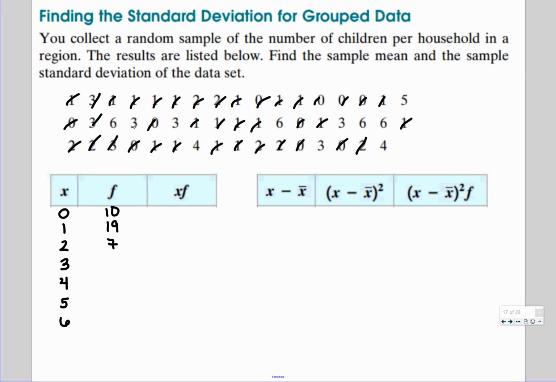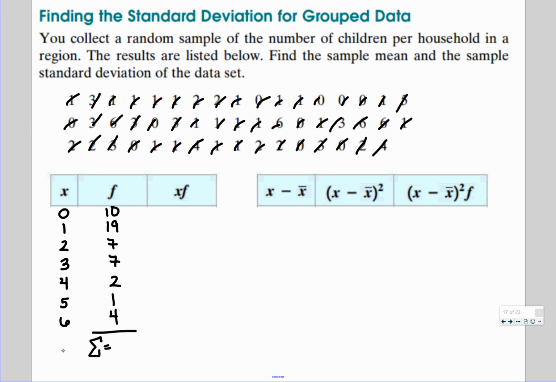Threes: 7. Fours: I've got 1, 2, that's it. Fives: 1, and sixes, 4.